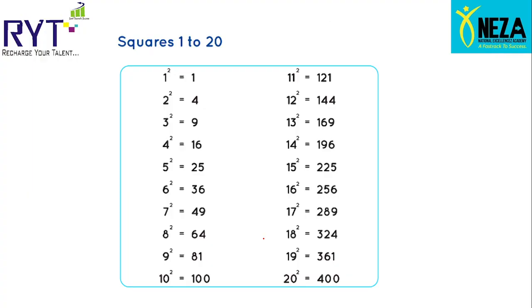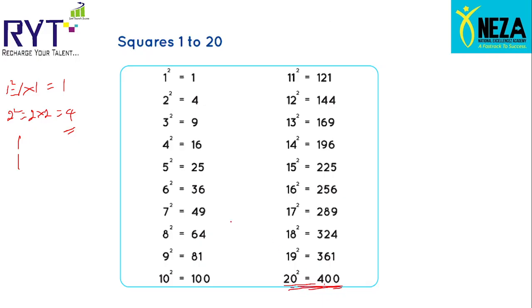Squares, I have shown it on the board. Square is nothing but, for example, 1 square means 1 into 1, that is 1. 2 square means 2 into 2. Likewise, you should know until 20 square. This is a minimum. You can learn until 25, that's great. If not, at least till 20 square.